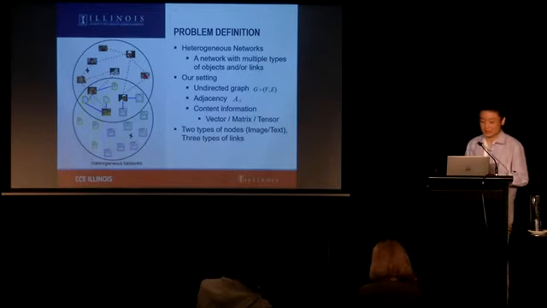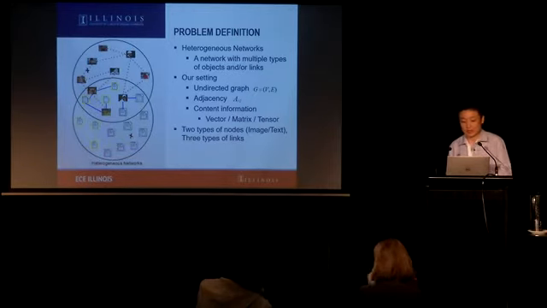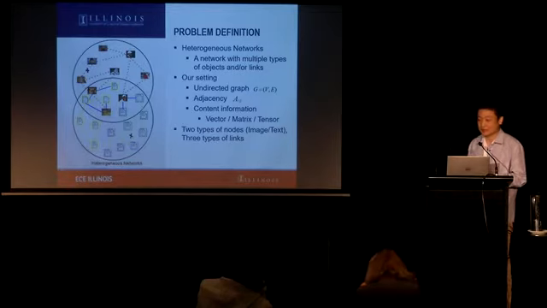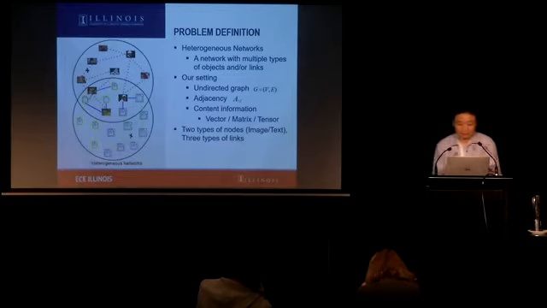Some links lie between the same type of object, like image to image, and some links lie across those different types. We also interchangeably call types modalities. So these are intramodality links and intermodality links.